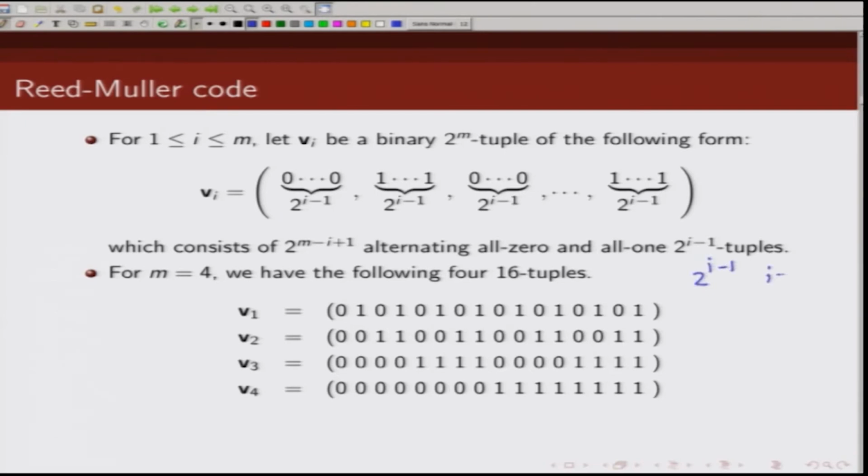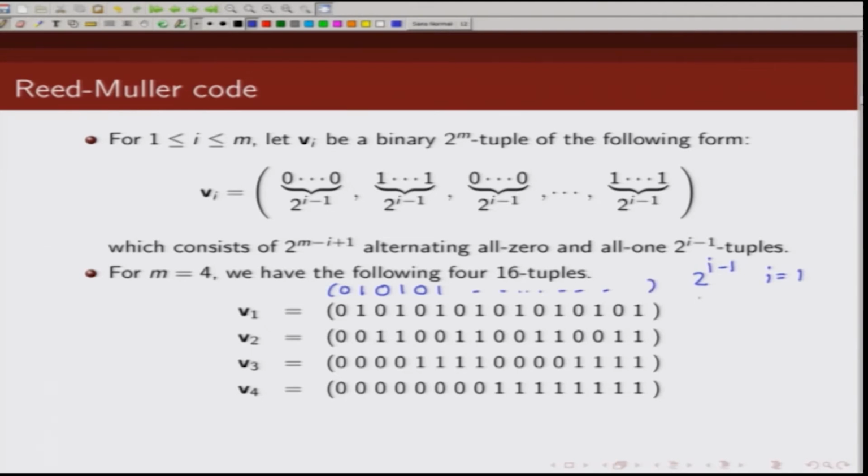When i is 1, this is 1. So, that means V1 is 0, a run of 1, followed by a run of 1 for one time, then 0 one time, then 1 one time. Like that it will continue for this block of 16.